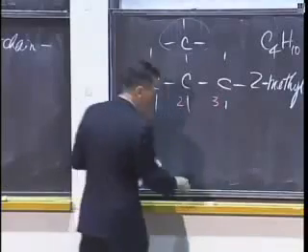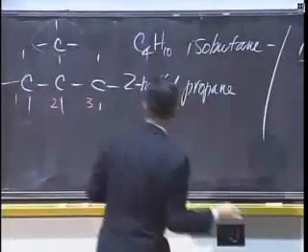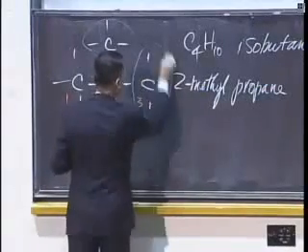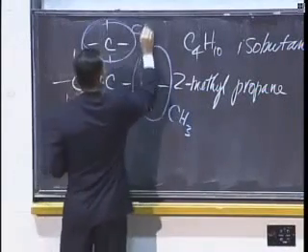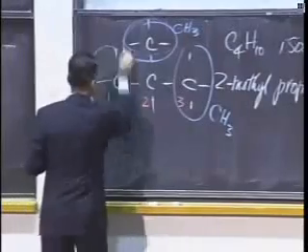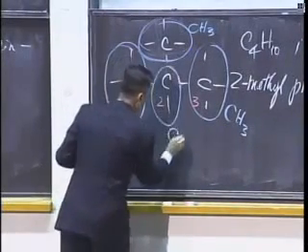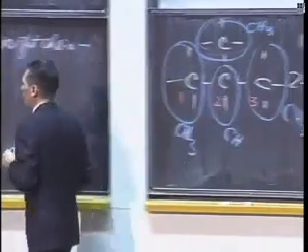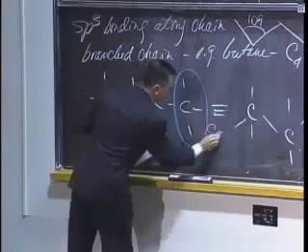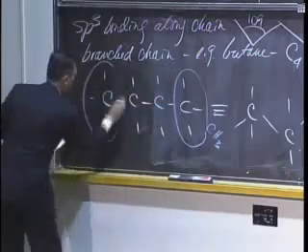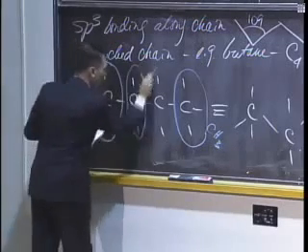Here we have a CH3, here's a CH3, and here's a CH3. And that leaves this one, which is a CH. Whereas over here, I've got a CH3, a CH3, and in the middle, 2 CH2s.